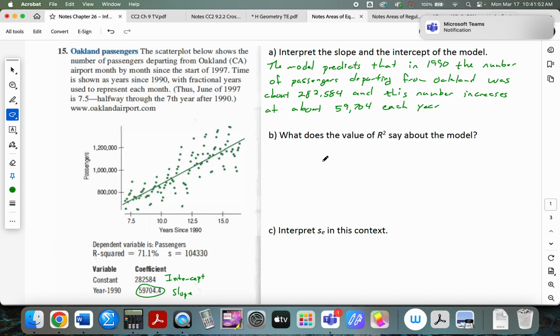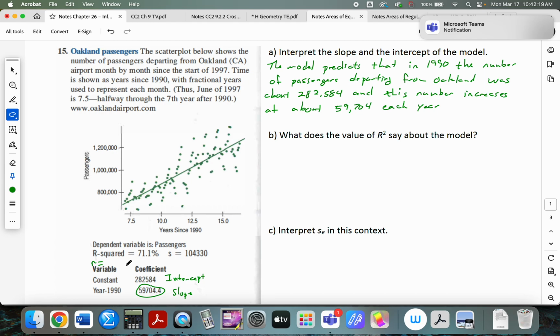All right, what does r squared say about the model? Do you guys remember that? That is how strong the correlation is, or something along those lines. Well, r is the correlation coefficient. And while we're talking about that, if they gave us r squared here, can we find r? Yes. And is it the positive square root or the negative square root? Positive. Why?